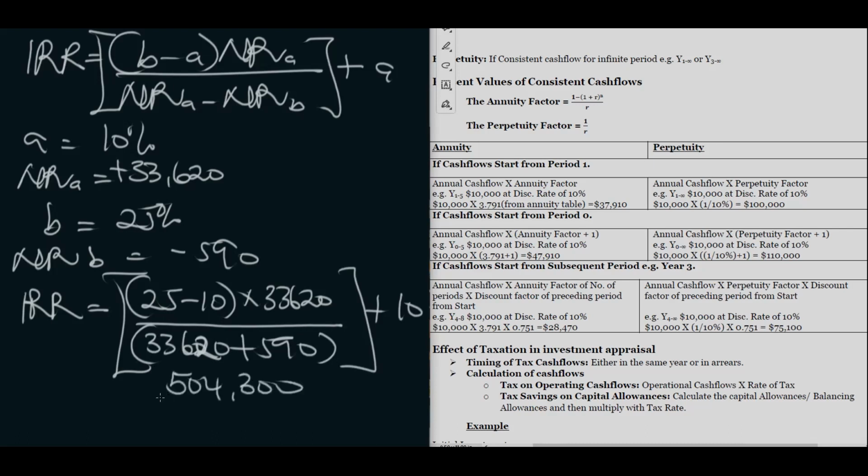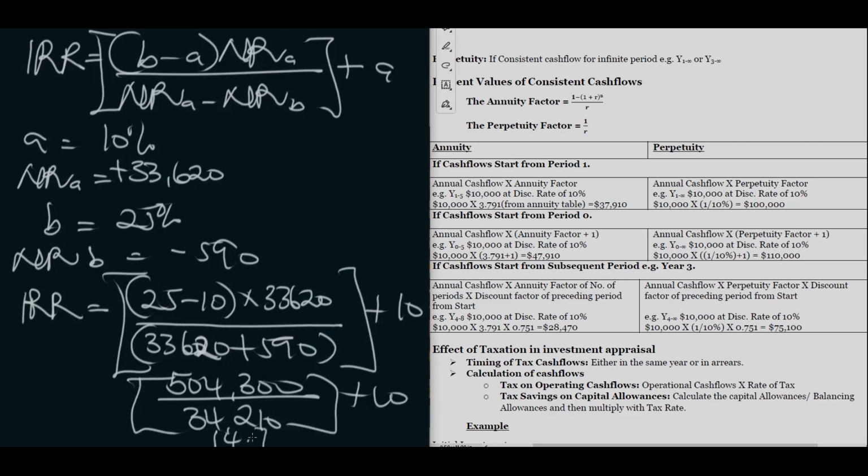Then I divide this by 33,620 plus 590, which is 34,210. Whatever I get, I now add to the 10.